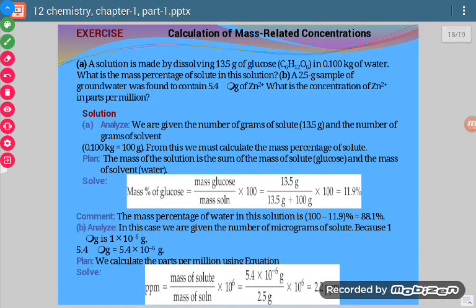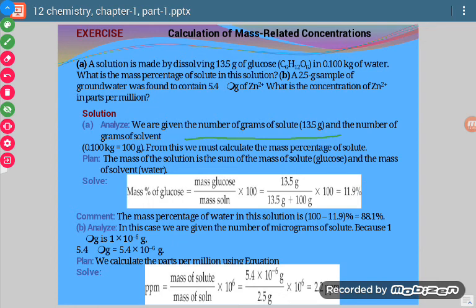Now let us solve these two examples. One example is there having two portions. So first is a solution is made by dissolving 13.5 gram of glucose in 0.100 kg of water. What is the mass percentage of solute in this solution? Okay, so for this particular part, what is given to us? We are given number of grams of solute.